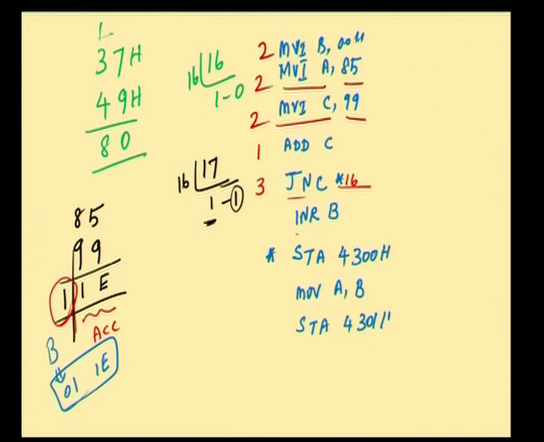So 3 bytes, this is only opcode, single byte, this is a 3-byte instruction, this is single byte, this is 3 bytes, then we have to use the halt instruction, single byte. So totally 4, 4, 4, 12, 12 plus 3, 15, 15 plus 4, 19. 19 addresses are required to store this program.